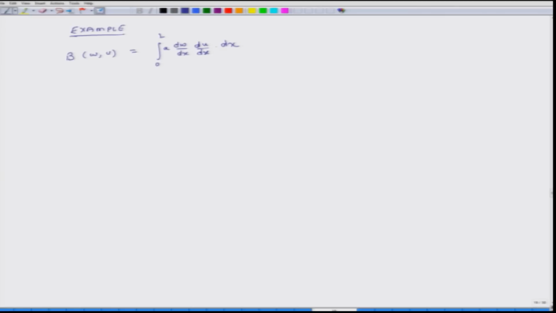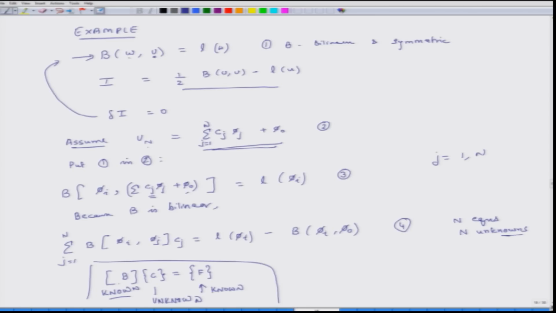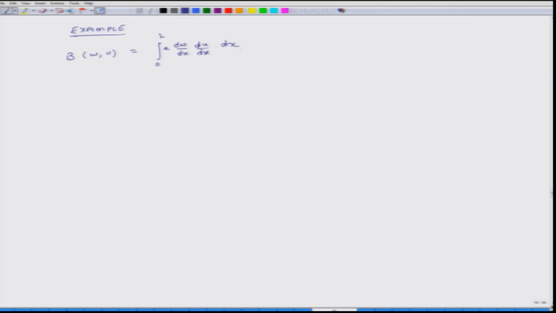We will compute this B matrix for this type of function. First, u is equal to the sum of Cj phi j, j equal to 1 to n, and for simplicity we limit n equal to 2. So the size of our B matrix will be 2 by 2.